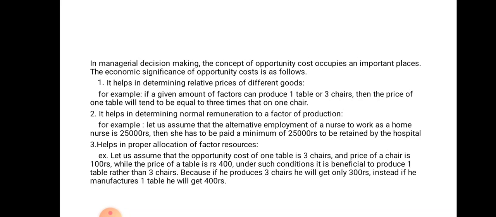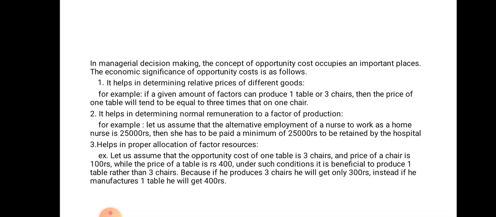Then second is it helps in determining normal remuneration to a factor of production. For example, here a nurse can either work at a home or in a hospital. If a nurse has to work as a home nurse for 25,000 rupees, so a nurse is having an opportunity to work as a home nurse, and the amount that could be paid to her is 25,000 rupees.